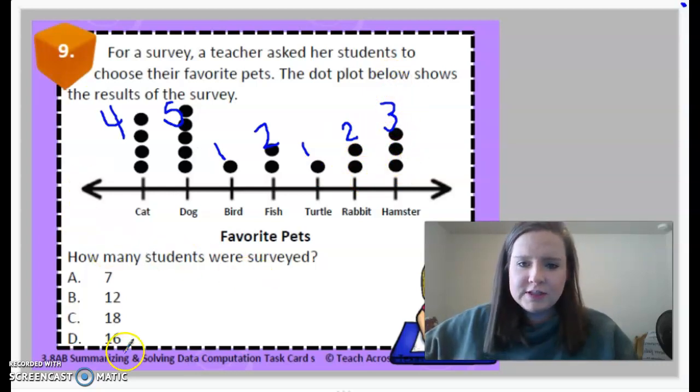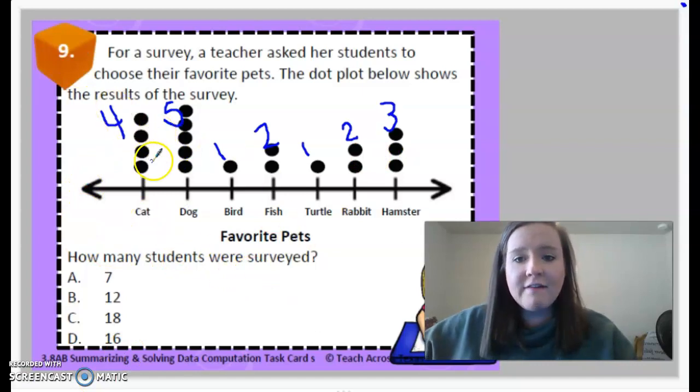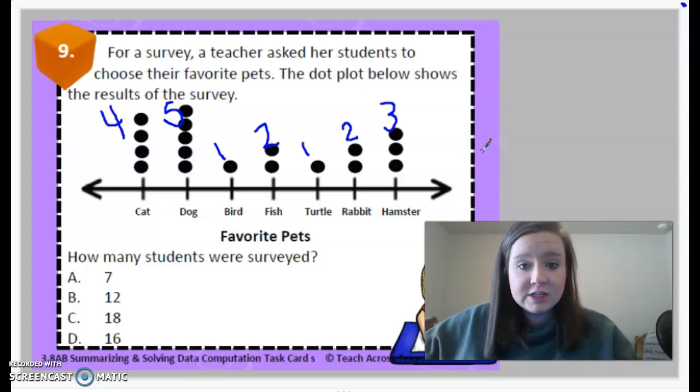How many students were surveyed? Well, if every single dot represents a student, how am I going to figure out how many students the teacher asked? Good. I'm just going to count up my dots.